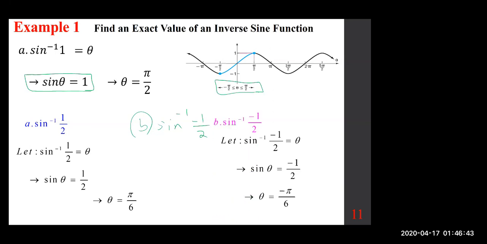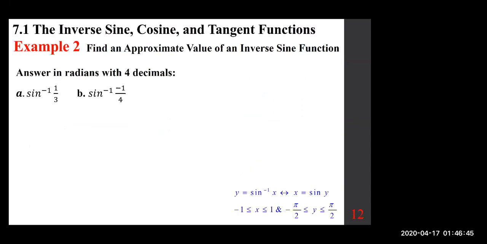Now, this was the question I used. So if you are given a situation where you're not dealing with a common arc, you really have to use a calculator. And it's very simple. Everybody knows on a calculator, you can use the sine inverse, cosine inverse.